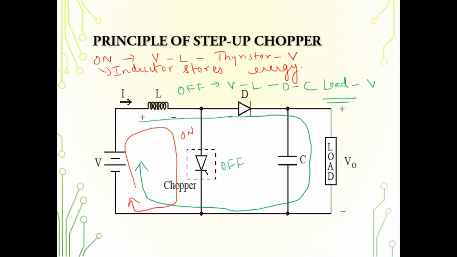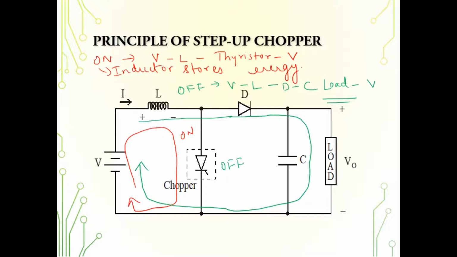So initially, during the on period of the chopper, the inductor carries the energy. When the chopper is on, assuming the voltage across the thyristor to be 0, what is the voltage across the inductor? Voltage across the inductor will be equal to your supply voltage.